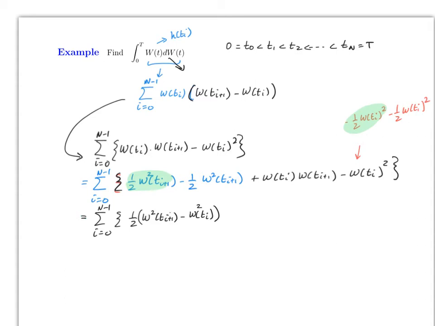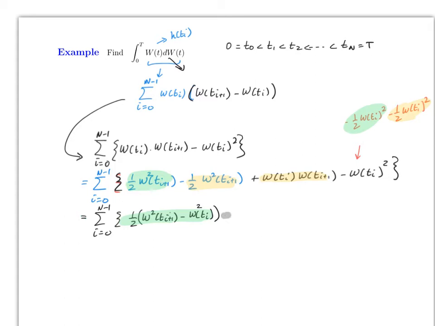So if you combine the two in green, you end up with this part. Now, if you combine the three terms that are left, which is this one and this one, we'll get the following.